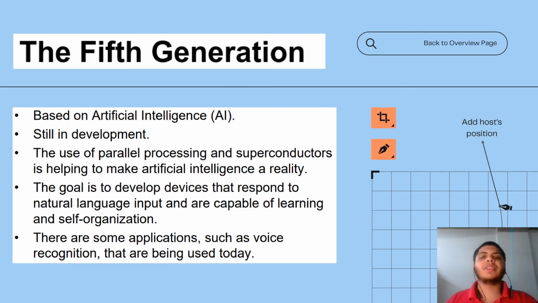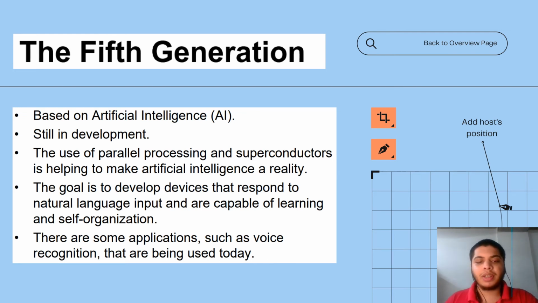The fifth generation computers. Computer devices with artificial intelligence are still in development, but some of these technologies are beginning to emerge and be used, such as voice recognition. AI is a reality made possible by adopting parallel processing and superconductors.